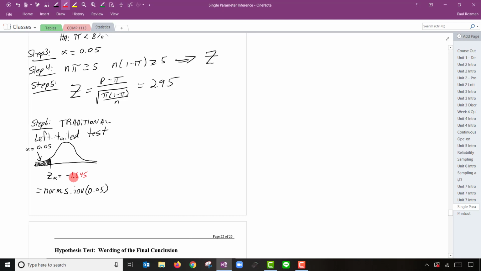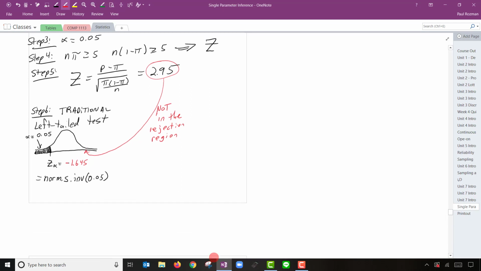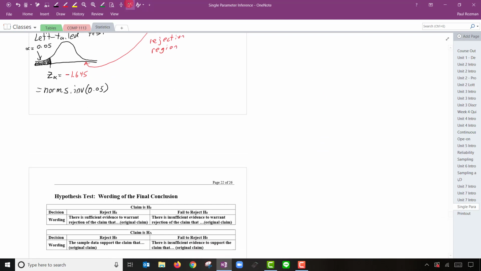Get one more decimal place of precision. Anything to the left of negative 1.645 is weird. Our value is not there. It's way up here. It's not in the rejection region. So you know what our conclusion is going to be here.